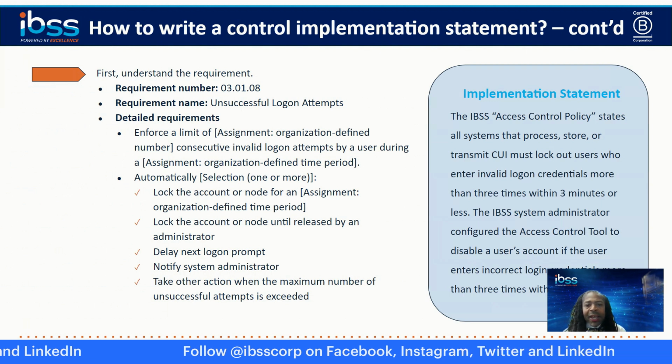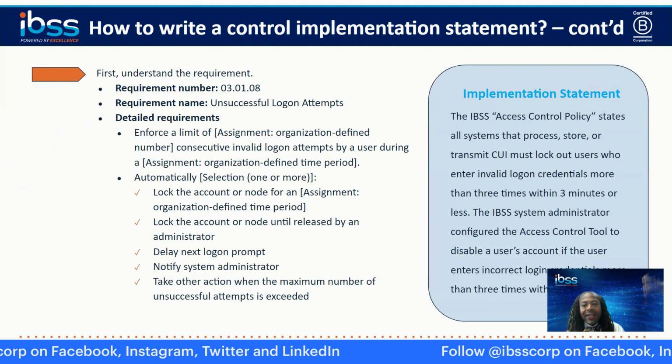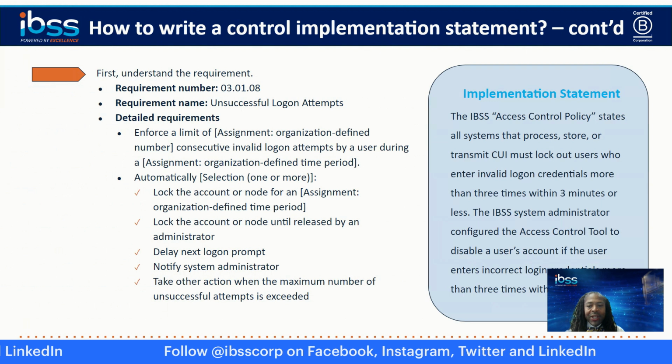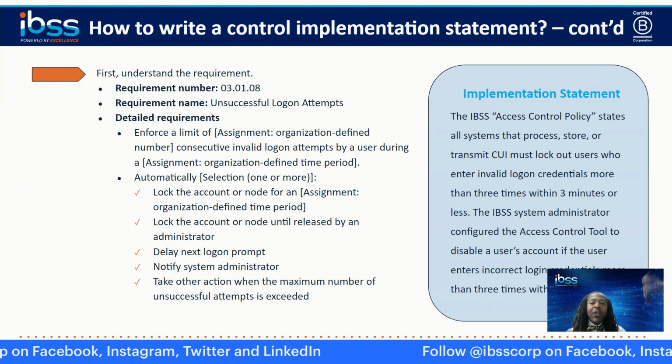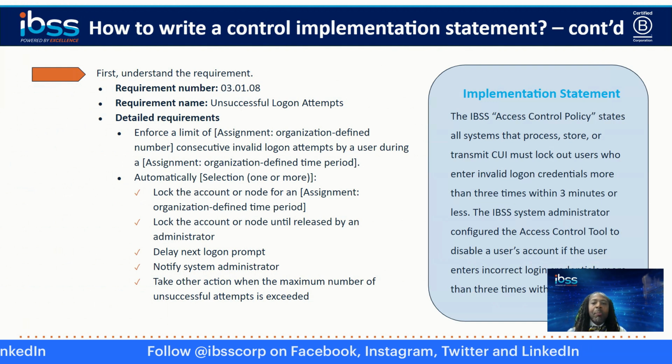All right. So if you notice, 3.1.8 does not mention anything about a policy. However, there's a requirement to enforce a limit. One of the things that we've learned from a governance perspective is that it is always best to start with policy.